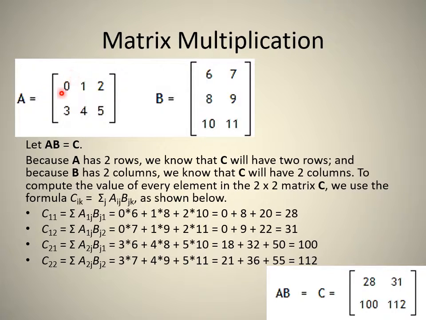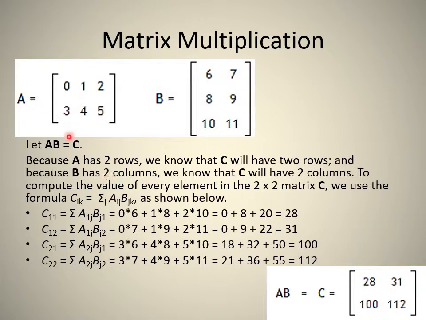So the first element in the first row is multiplied by the first element in the second column of your second matrix. So it's 0 times 7 plus 1 times 9 plus 2 times 11. And if we add them all up, we end up with 31. So that would be your first row, second column element.